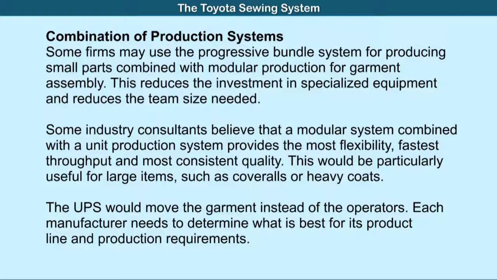This would be particularly useful for large items such as overalls, coveralls, or heavy coats. The UPS would move the garment instead of the operators. Each manufacturer needs to determine what is best for its production line and production requirements.